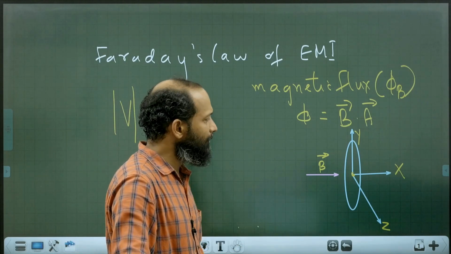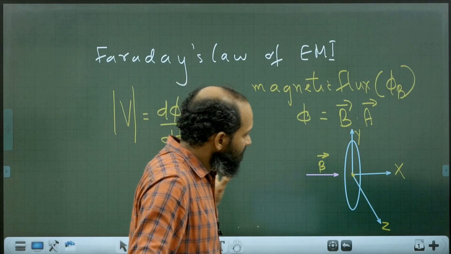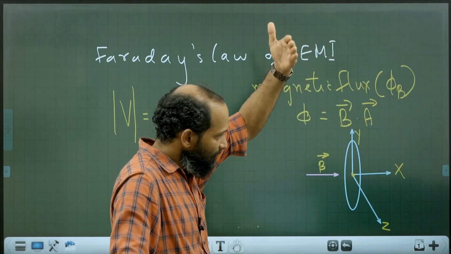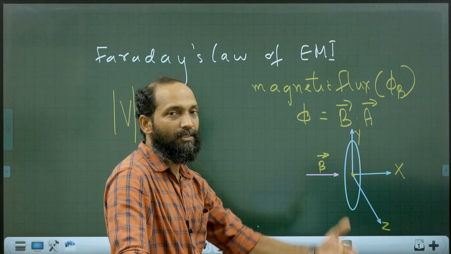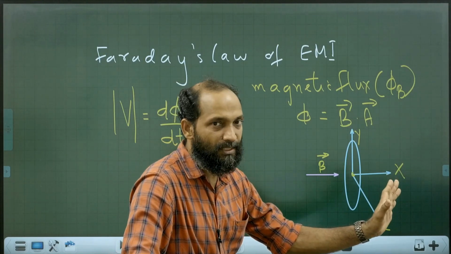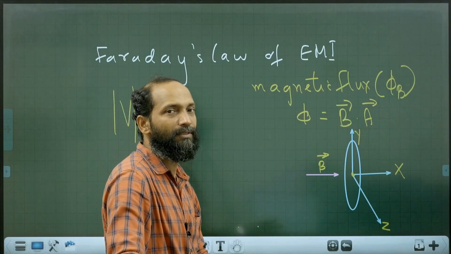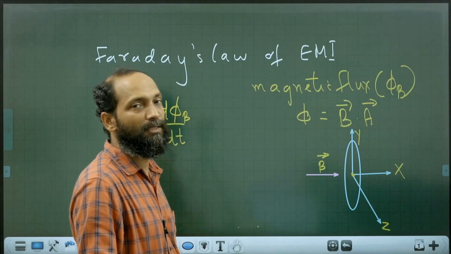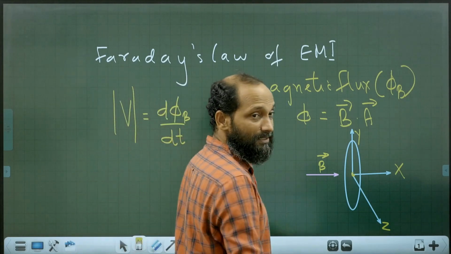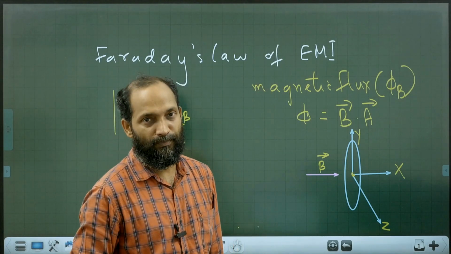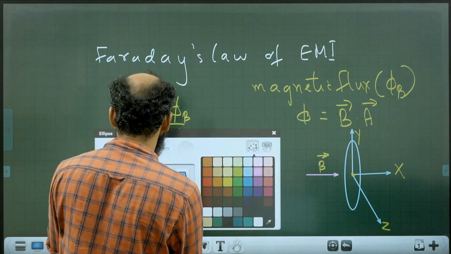So whenever a magnetic field is associated with maximum magnetic flux, the magnetic field vector is perpendicular to the coil. The magnetic field vector is normal to the plane of the coil. This topic is very important. It is a very simple concept, but students used to make mistakes. That happens when theta equals 0, because theta is the angle measured with the normal.